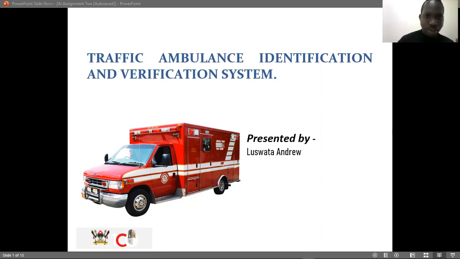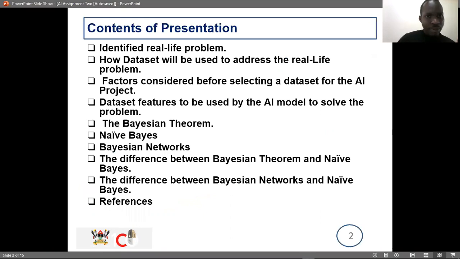The contents in this presentation are the identified real-life problem, how the dataset will be manipulated to solve the problem, factors considered before selecting the dataset in my project, and the dataset features that will be used by my AI model to solve this problem. Then I'll also talk about the Bayesian theorem, naive Bayes, Bayesian networks, and their differences.